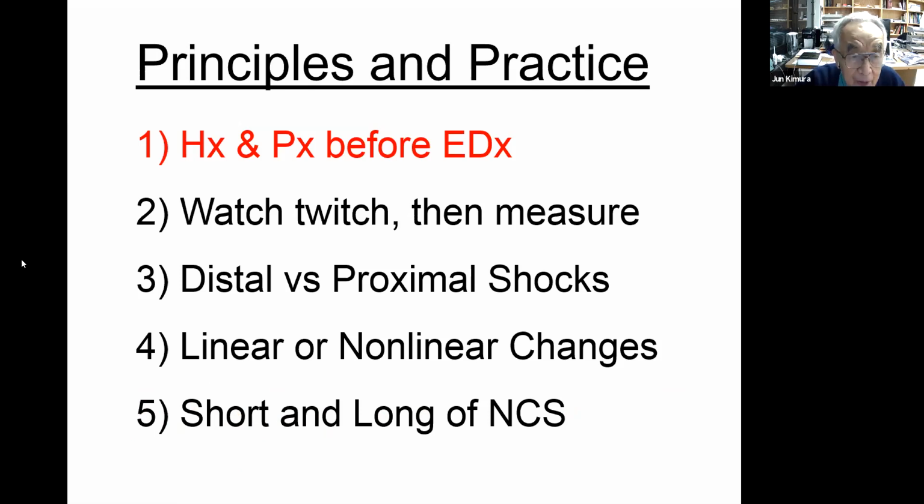So go back to principle number 1. Let's talk about history and physical, which of course you know. Before you do electrodiagnosis, you have to take a history and you have to examine the patient. In fact, I think you need to know roughly what the diagnosis is.